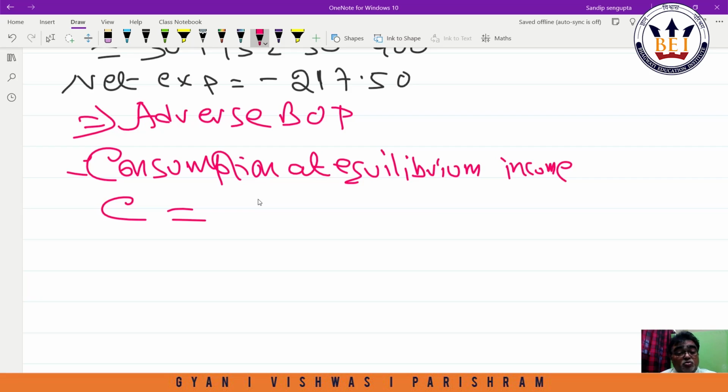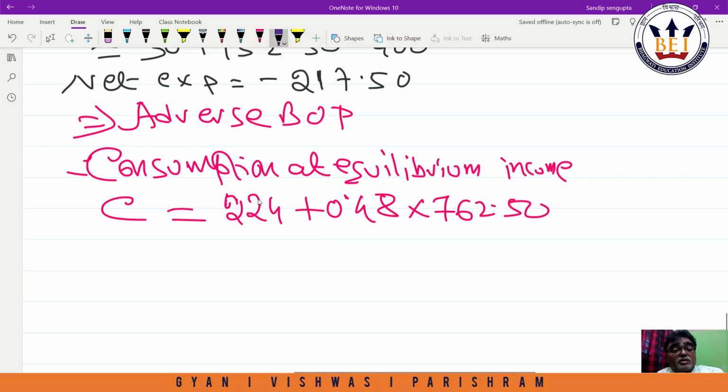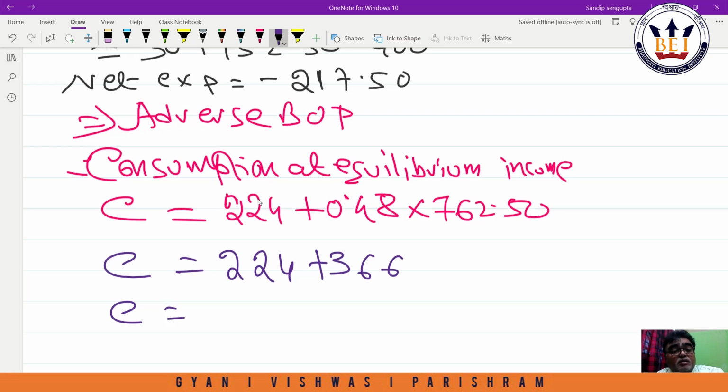C is equal to 224 plus 0.48Y, Y is 762.50. So C is equal to 224 plus 366. C is equal to, answer is 590 INR, of course, all are INR only.